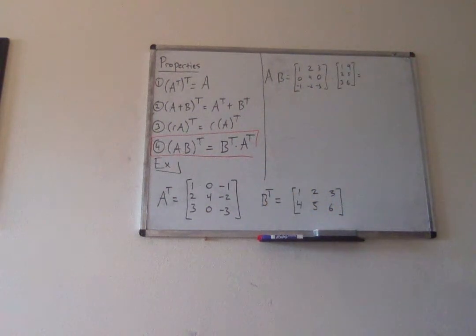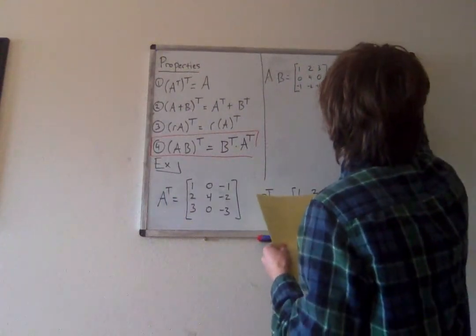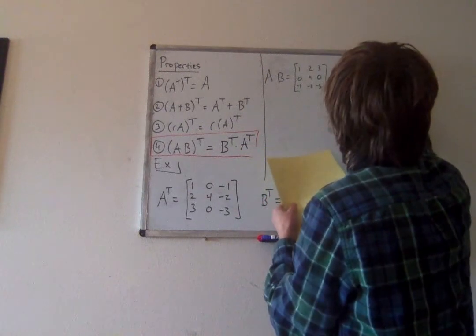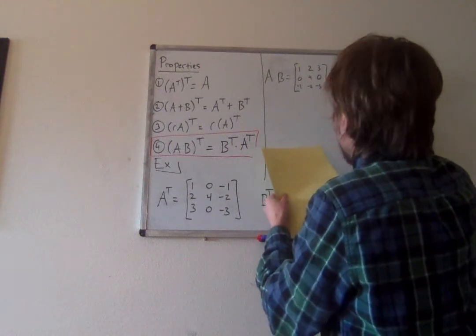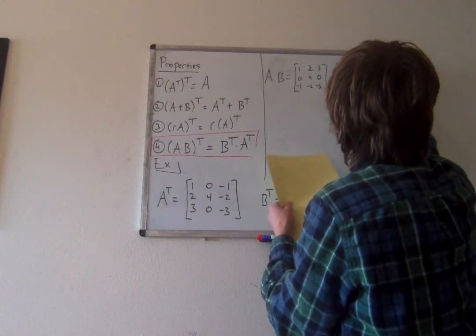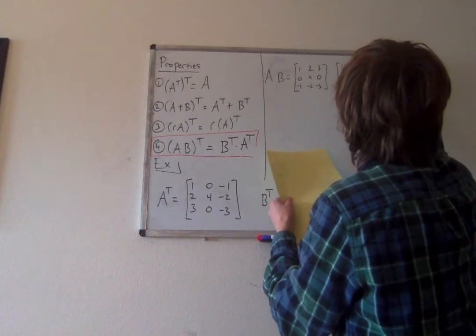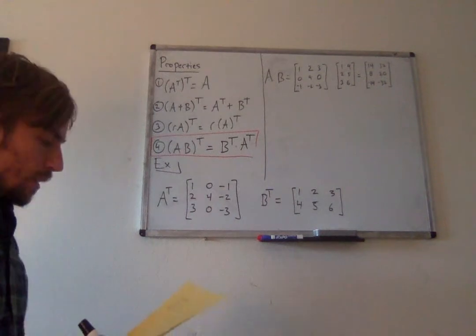all right, so this is lining up the product. If we do the matrix dance a few times, I get the following matrix, 14, 8, negative 14, 32, 20, negative 32. All right.